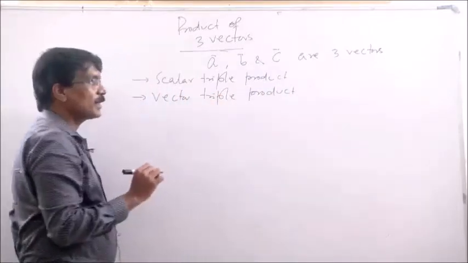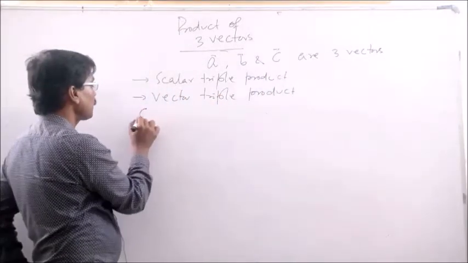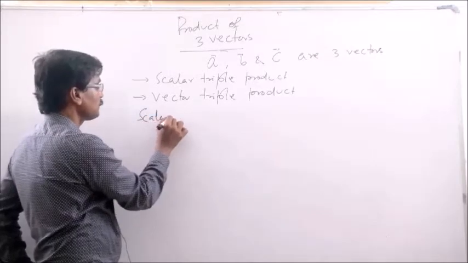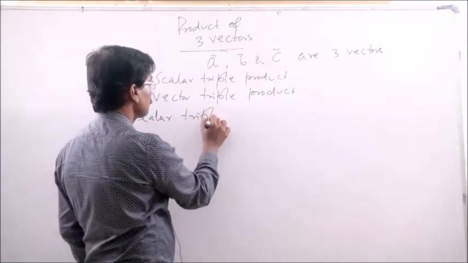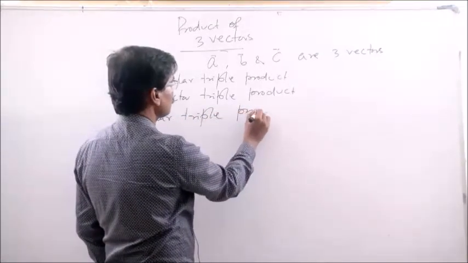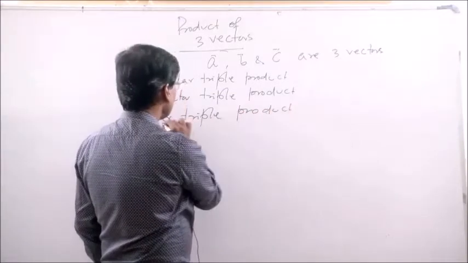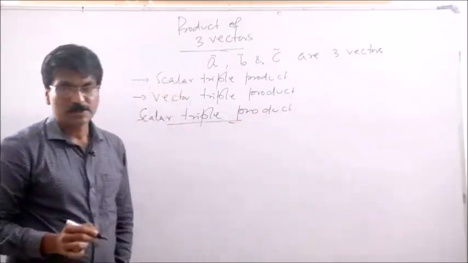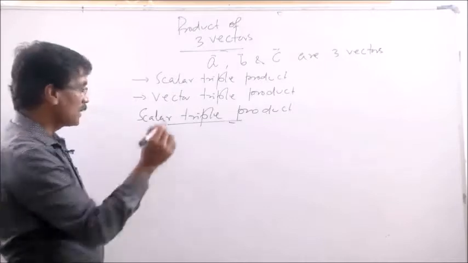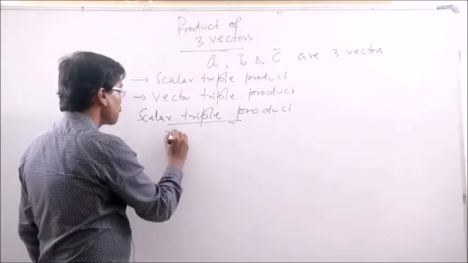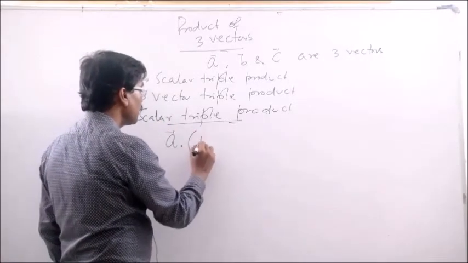So first of all, we have scalar triple product. The scalar triple product is a scalar quantity. So that is a dot b cross c.